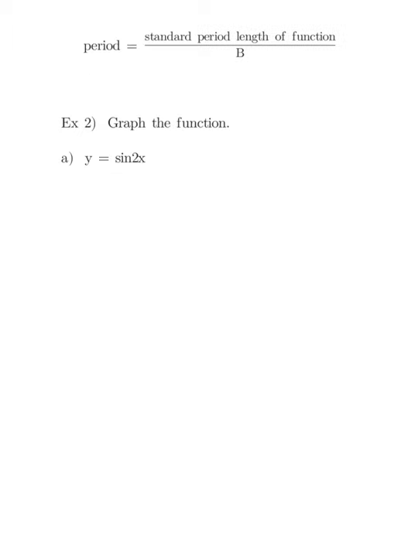Our first example for how we change period length is the function y equals the sine of 2x. What you need to notice here is that the 2, what's right in front of the x, is b. So now, in order to find the period length, we take the standard period length.